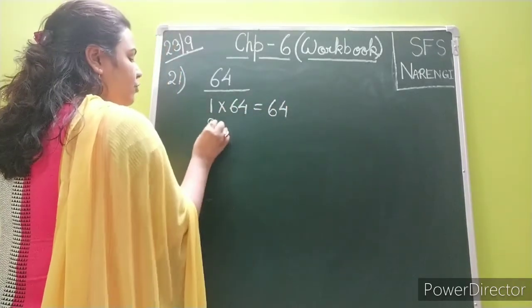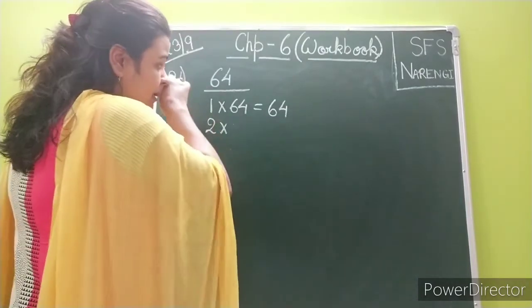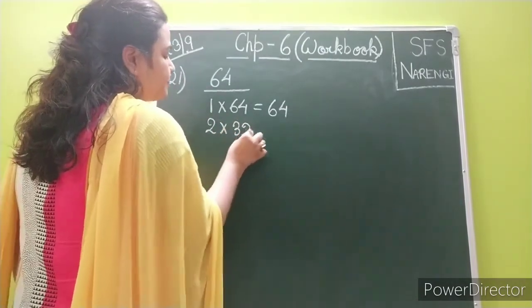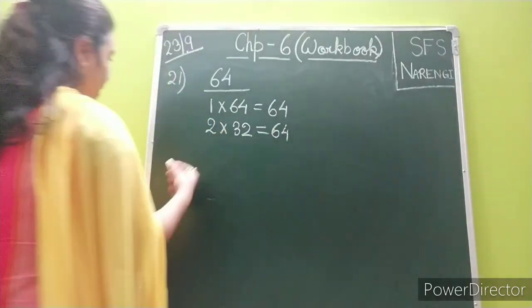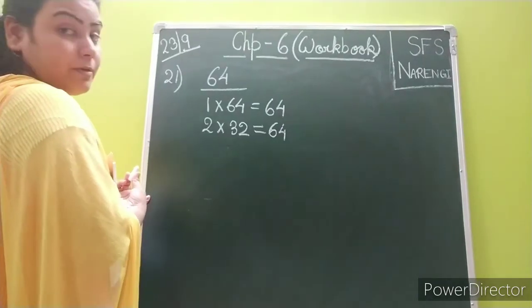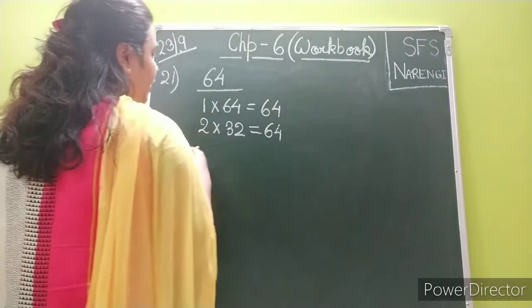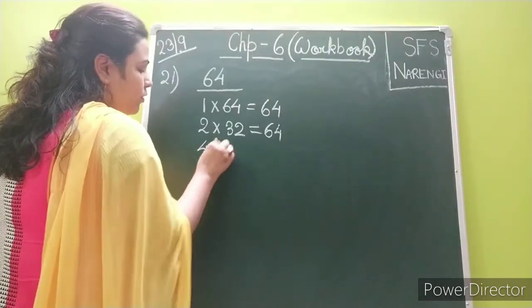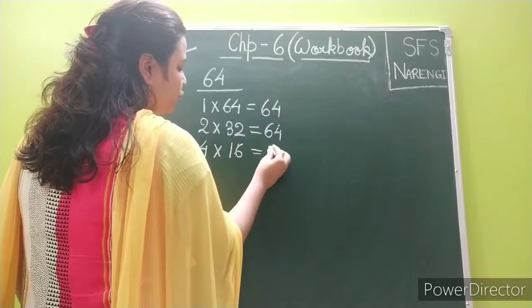Now since it is 64, obviously it is divisible, it will be in 2's table. So we have 2 into 32 is equal to 64. Will it come in 3's table, children? No, it won't. It will come in 4's table. So we have 4 into 16, 16 fours are 64.